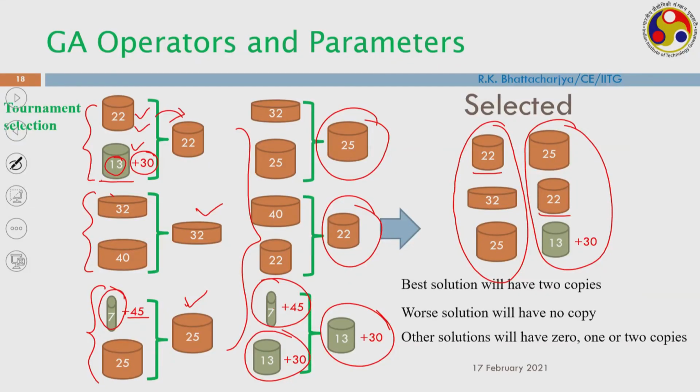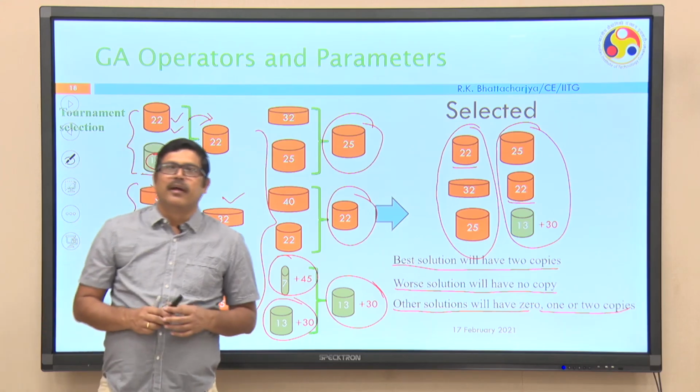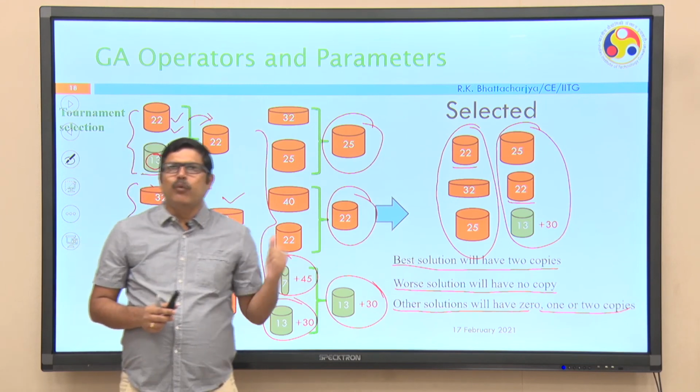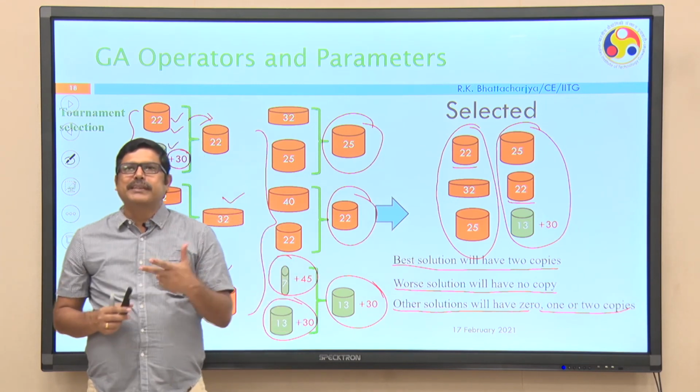So, finally, I can conclude this: the best solution will have 2 copies, the worst solution will have no copy, and the other solutions will have 0, 1 or 2 copies.